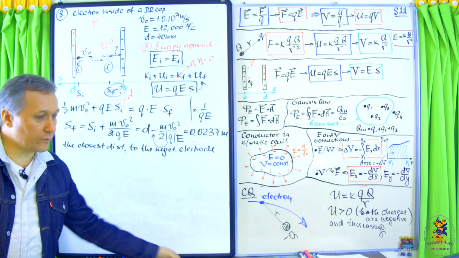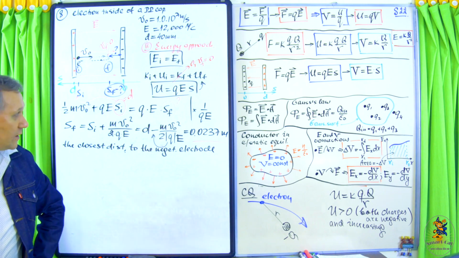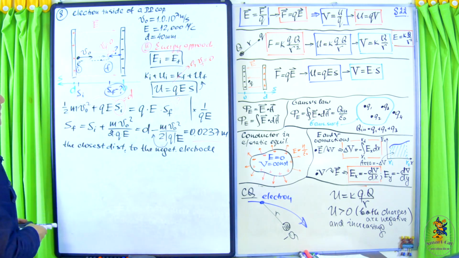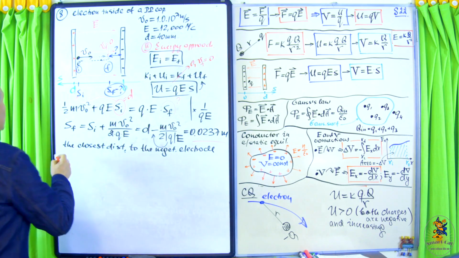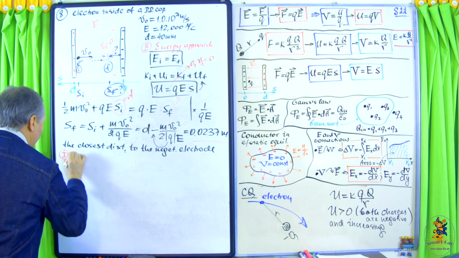And so now let's solve using the force approach. But for this problem, they are both equally easy. So that was the second, and now the first, the force approach.